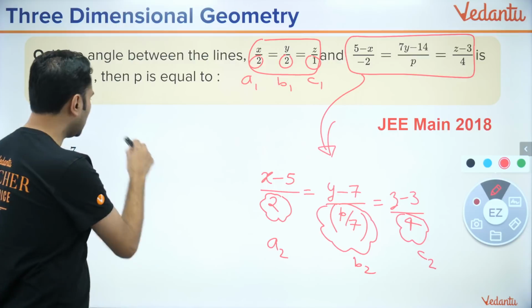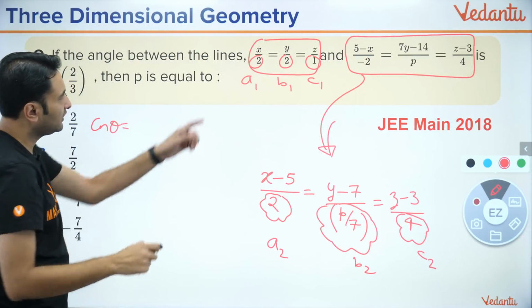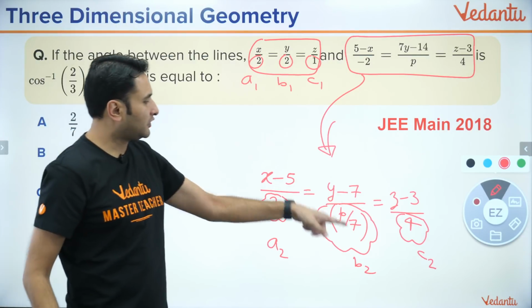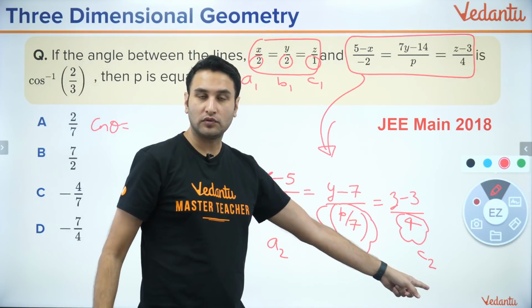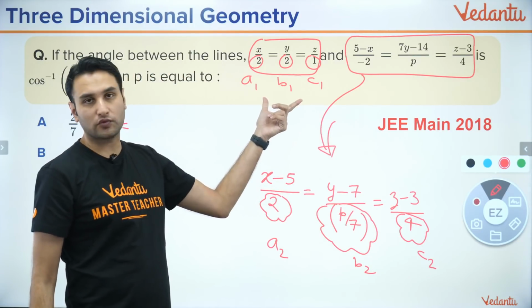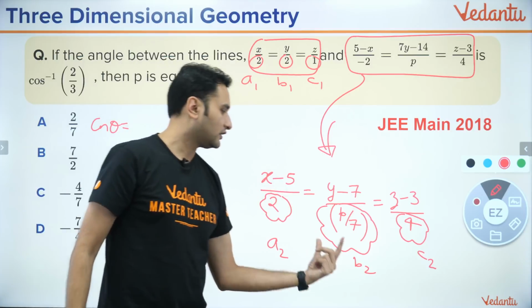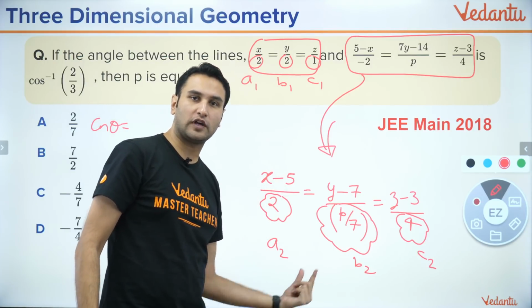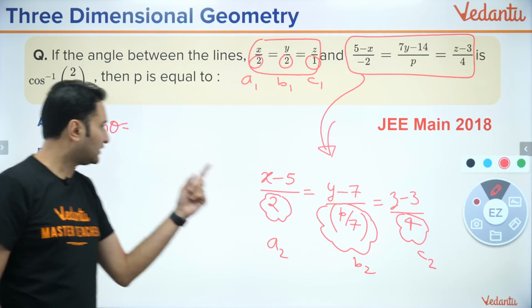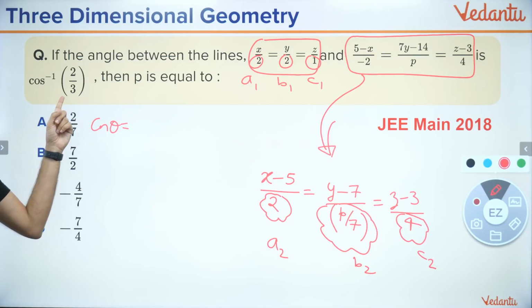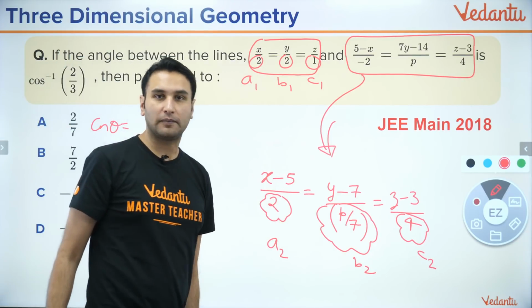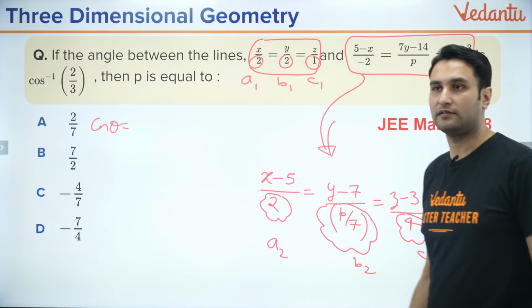What is the cos theta? Cos theta बच्चों कितना हो जाएगा? a1 a2 plus b1 b2 plus c1 c2 upon under root of a1 square plus b1 square plus c1 square upon under root of a2 square plus b2 square plus c2 square, that is given to be equal to 2 by 3. वहाँ से आपके पास आ जाएगा p. Just do the calculations. Very simple.